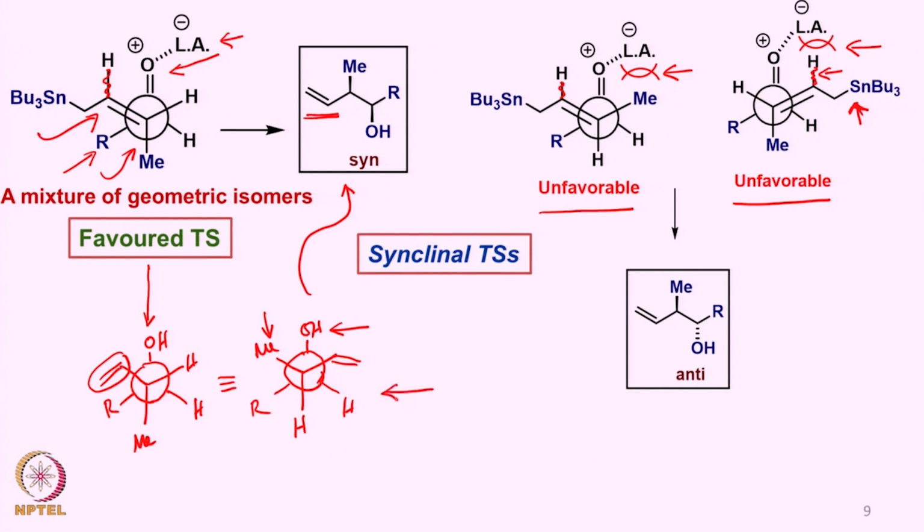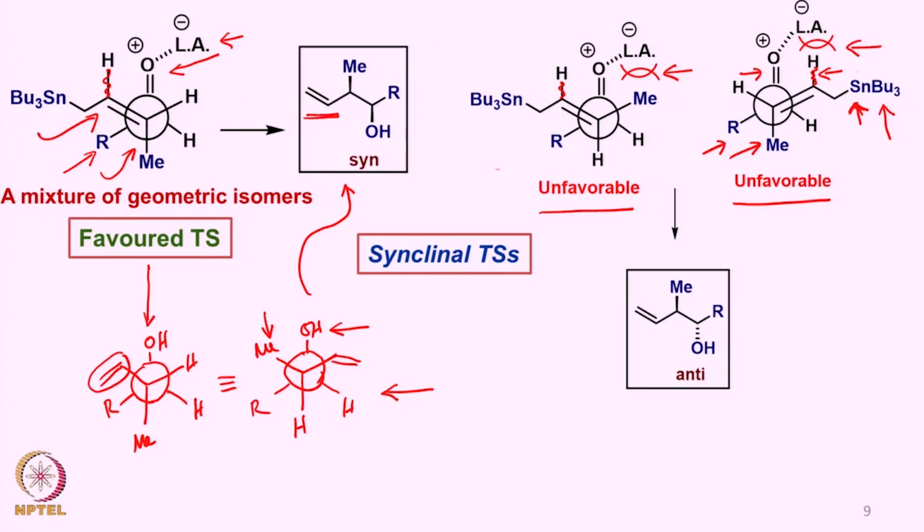In each case, as you can see, if we orient in a similar fashion as we did here, then we will see that the methyl group and the OH group are anti here as well as here. Anyway, here this R group is opposite to the vinyl group which will come. So therefore now the hydroxy group here and the methyl group are anyway anti.